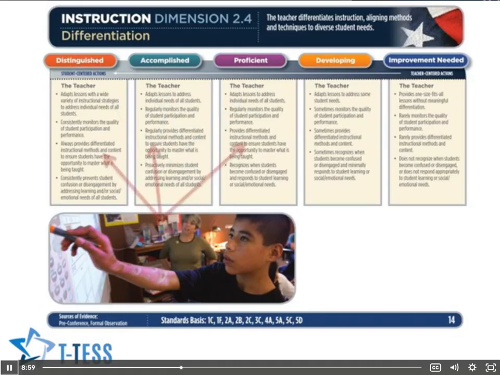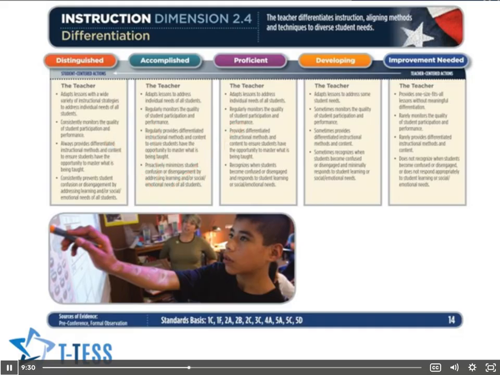With the second continuum, teachers use varied methods to consistently monitor the quality of student participation and performance in classroom instruction, and with extended learning assignments such as homework, projects, and others. Students are provided with clear expectations for participation and performance, along with focused feedback to ensure that they understand whether levels of participation and performance are on target.